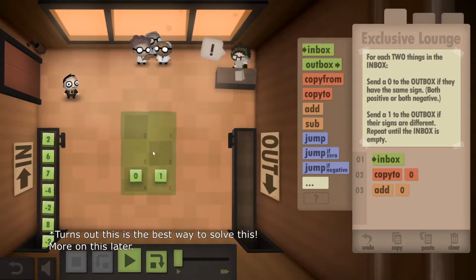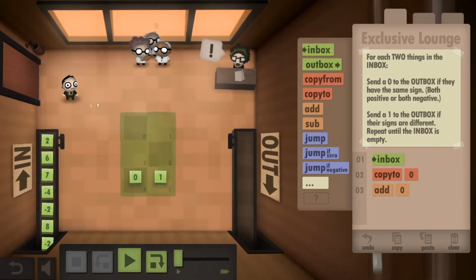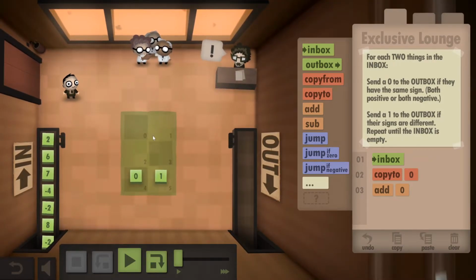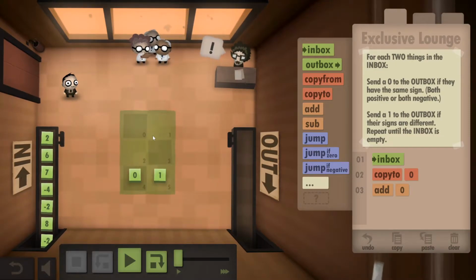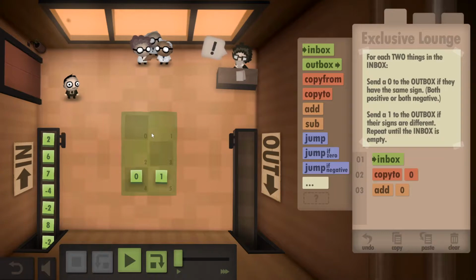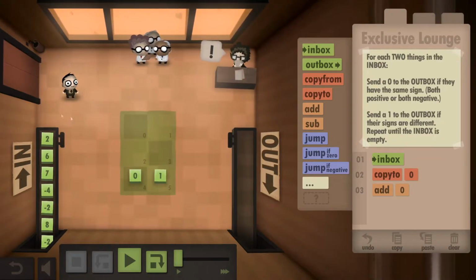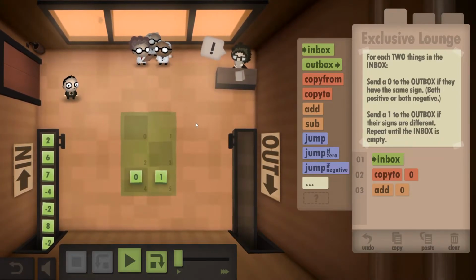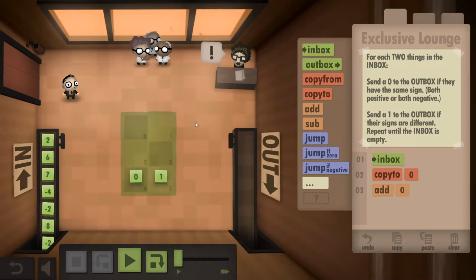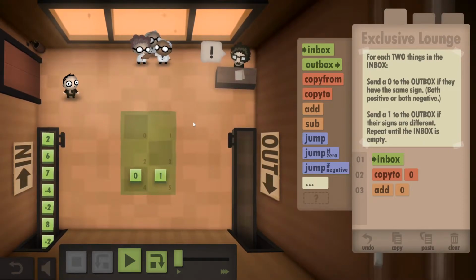But the jumping is going to get pretty complicated if we do that, because there's no real way in the program to set a flag to let it know that the first number was positive and the second number is negative. So I think we're going to have to figure out something math related here with the adding and subtracting that we can do. So let's think.